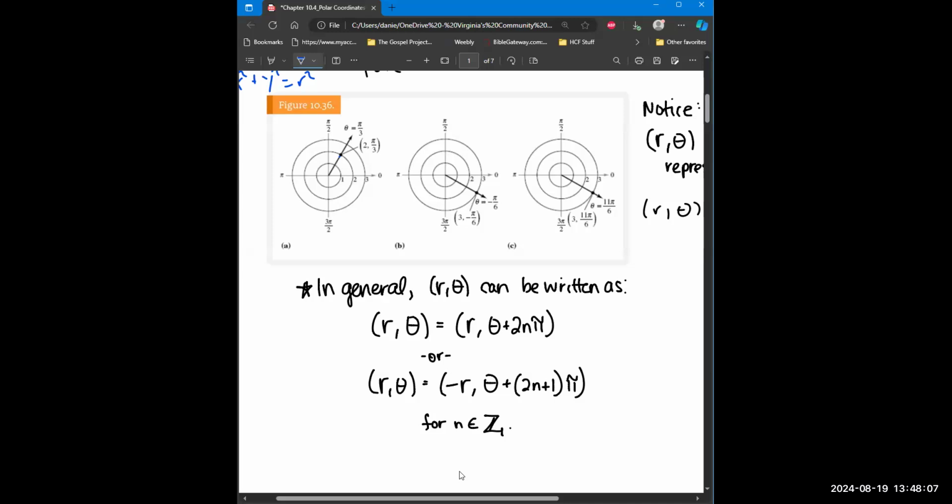So now I can have negative angles also that are measured clockwise. And so this ray right here can be thought of as theta equals negative pi over 6.